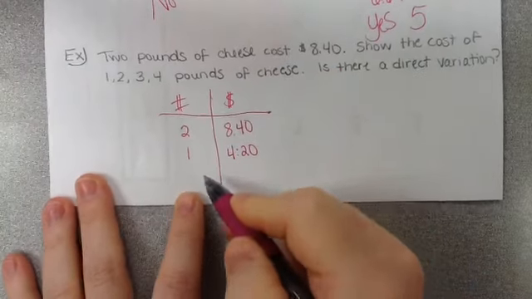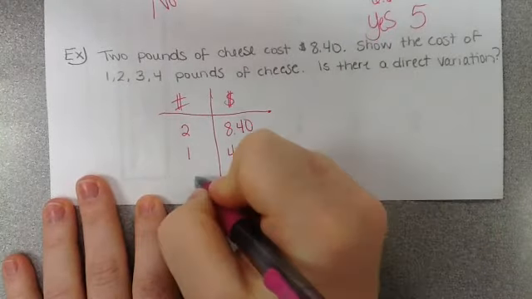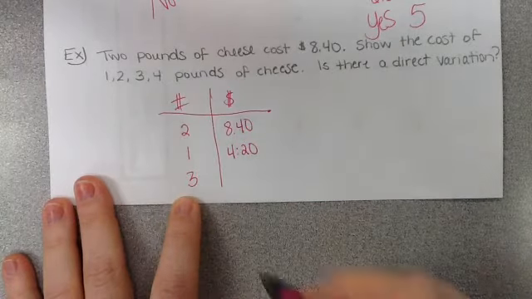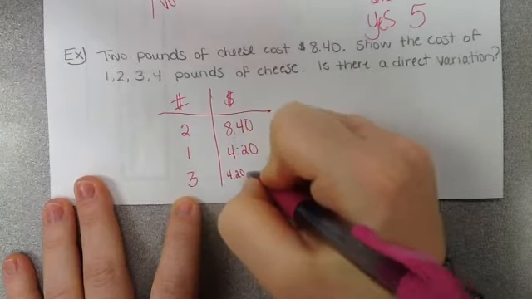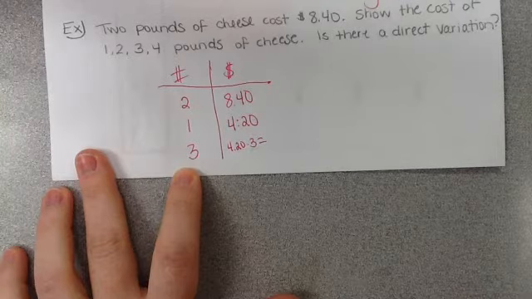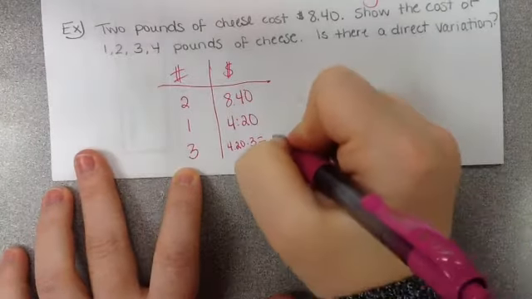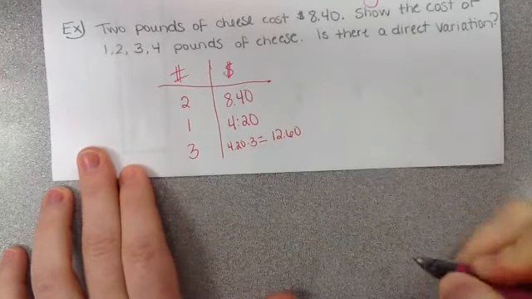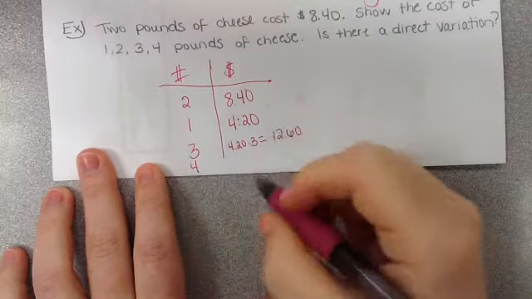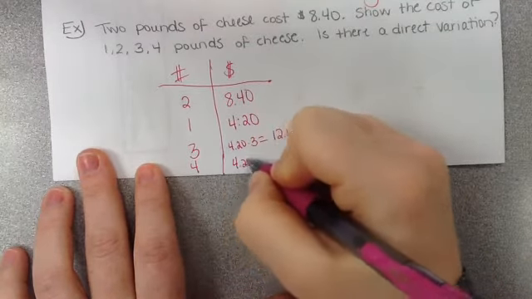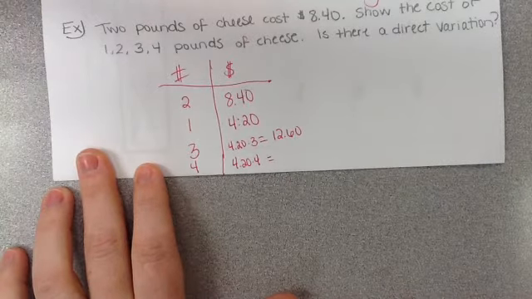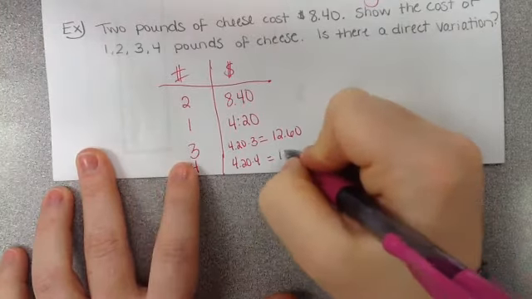All right, now if 1 pound costs $4.20, what does 3 pounds cost? $4.20 times 3. $12.60. And what would 4 pounds cost if 1 costs $4.20? $4.20 times 4. $16.80.